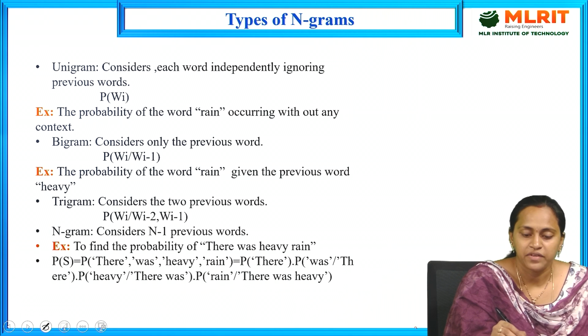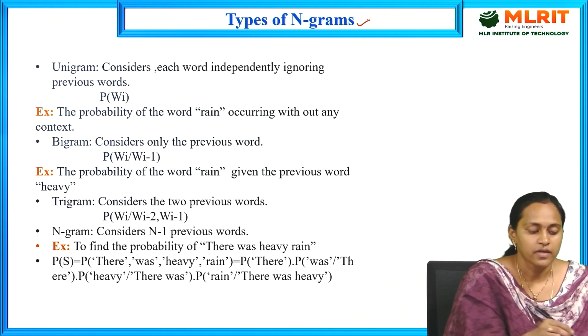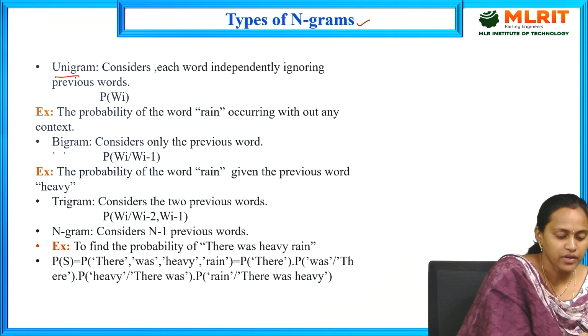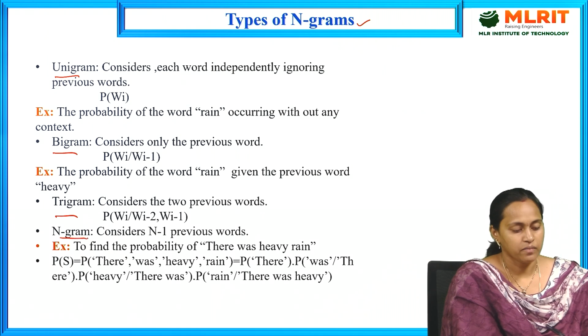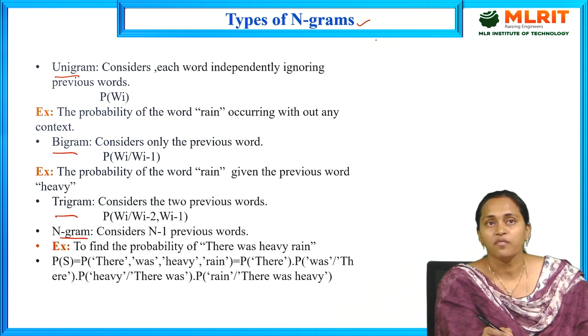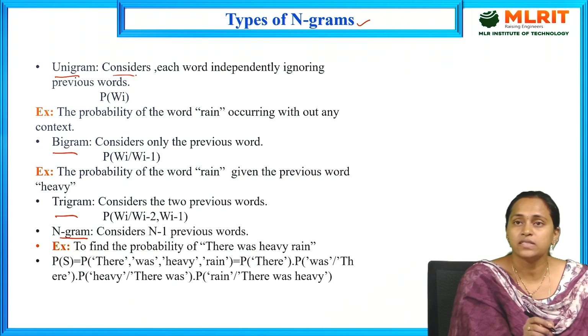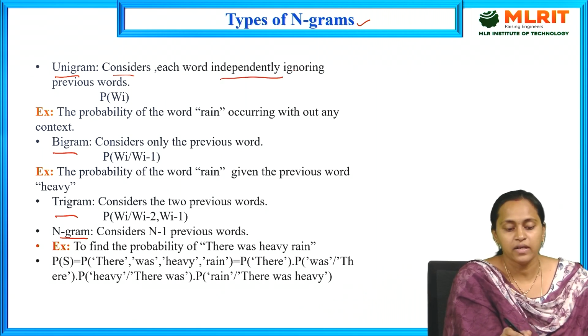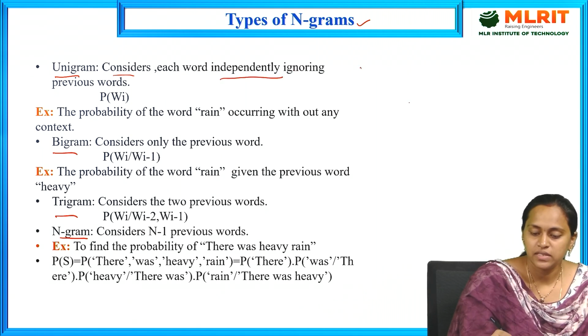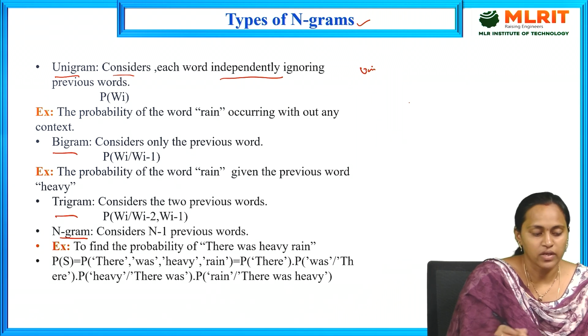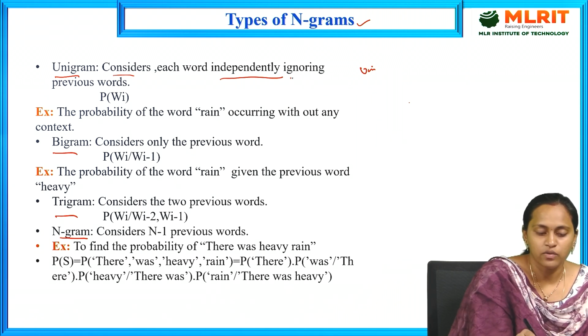There are different types of n-grams: unigram, bigram, trigram, and n-gram. These 4 are the types of n-grams. What is the meaning of unigram? Uni means single. It considers only a single word independently and ignores the previous word.